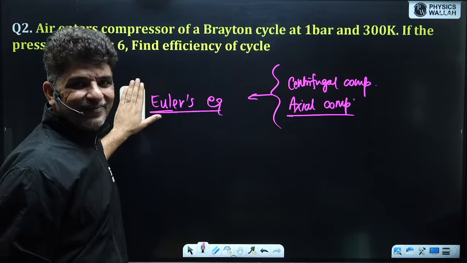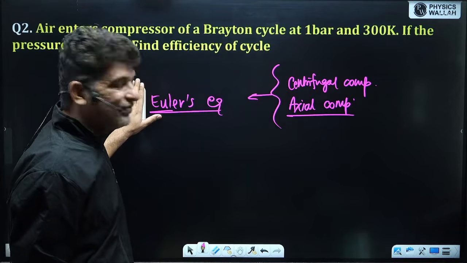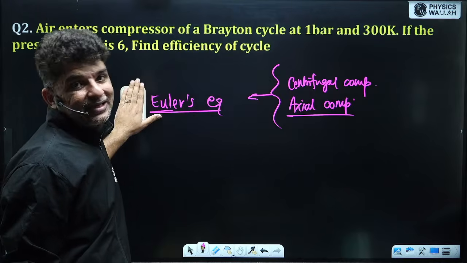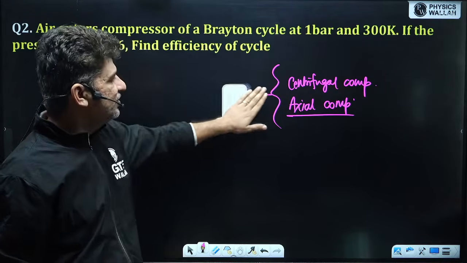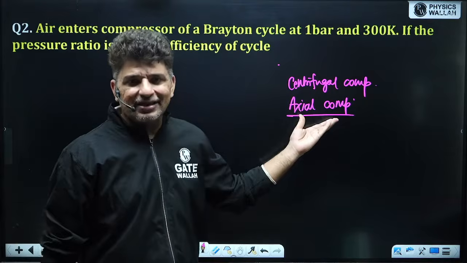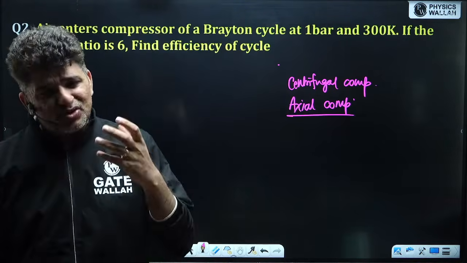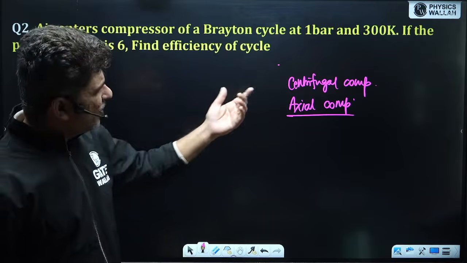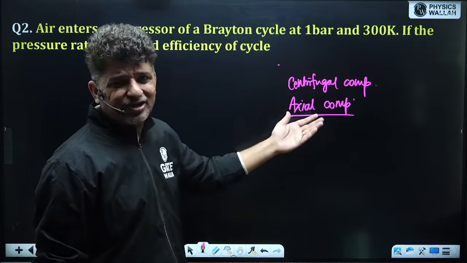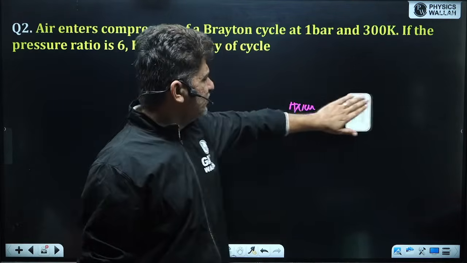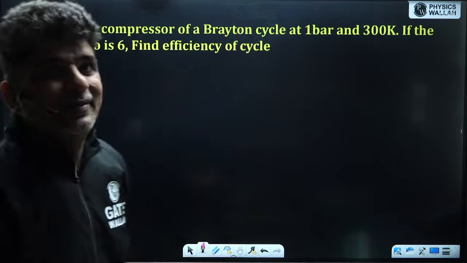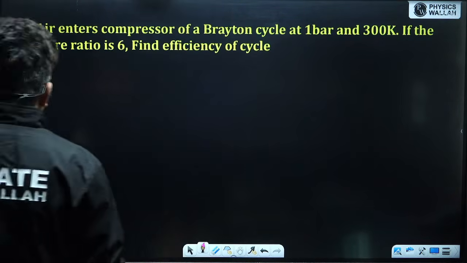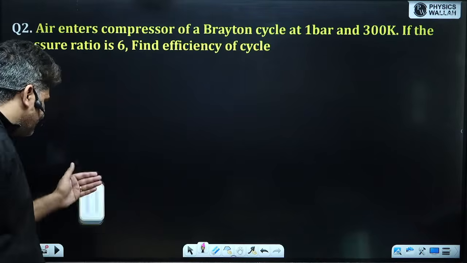Once you have understood the Euler's equation, drawing velocity diagrams for axial compressors, calculating power in a centrifugal compressor, pressure developed, everything would be much easier. Okay, so we will discuss all in the coming sessions, but let's do one question on the propulsive efficiency first.